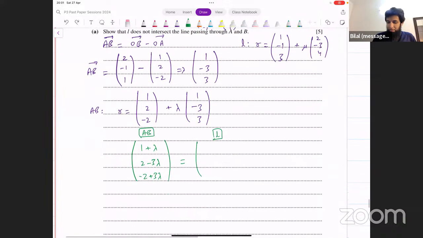That's all right. Let's simplify this. That's 1 plus 2 times mu, minus 1 minus 3 times mu, and 3 plus 4 times mu. We get three equations: equation 1, equation 2, equation 3 from x, y, and z components respectively.